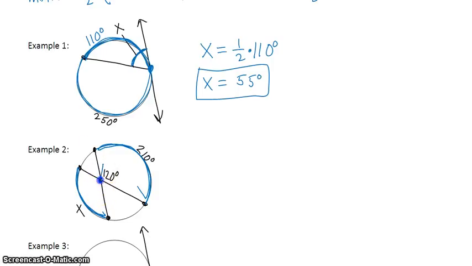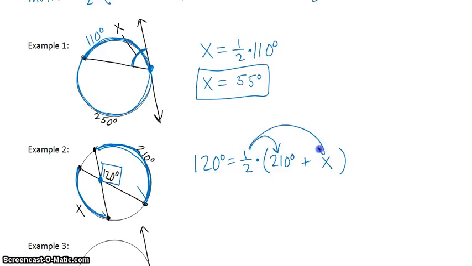But let's focus on this angle right here. Our formula is going to be angle equals 1/2 times arc plus arc. Angle, 120 degrees, is going to equal 1/2 times arc plus arc. Our two arcs are 210 degrees and x. Now we need to solve for x. Step 1, distribute.